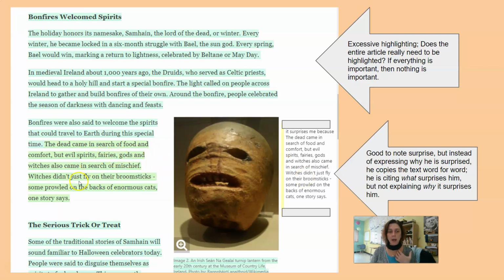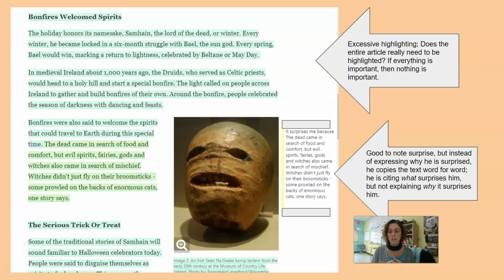So if this is surprising, I want to know why you find it surprising. Why does it surprise you that they believed that the dead came back in search of food and spirits? Why does it surprise you that they didn't think that witches only rode on broomsticks?